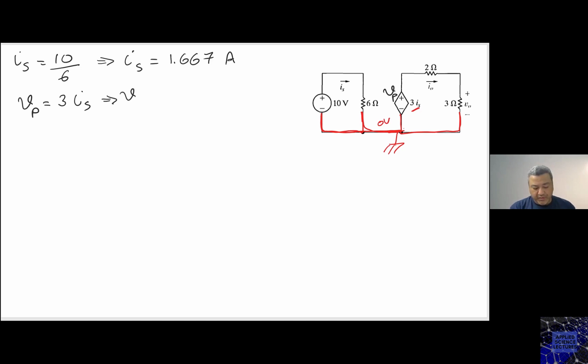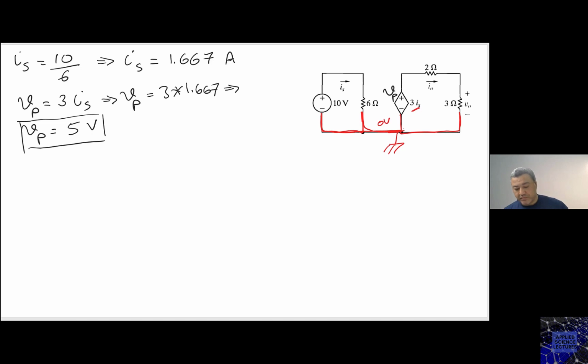So VP is 3 times 1.667, and VP is 5 volts, right?